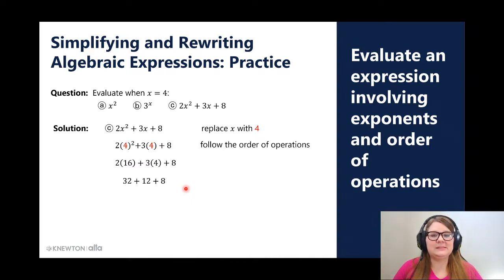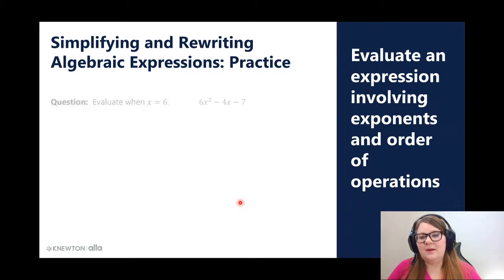There are 2 instances of addition, so we're going to go from left to right again. 32 plus 12, then we will add the 8. 32 plus 12 is 44, and 44 plus 8 is 52. So as you can see, order of operations is super important, but also when you're evaluating expressions, you need to make sure that you're doing your notation correctly so that it's easier for you to see what is going on.